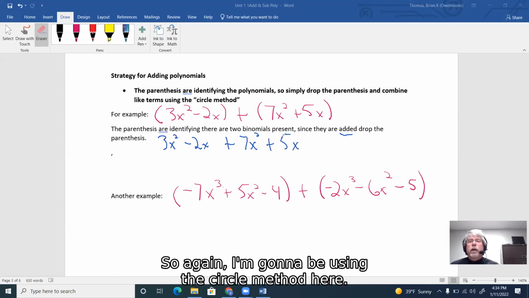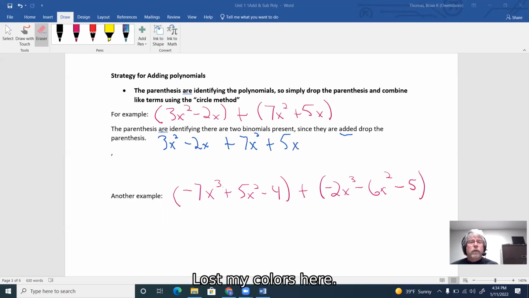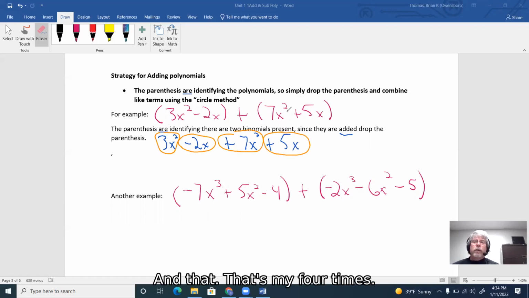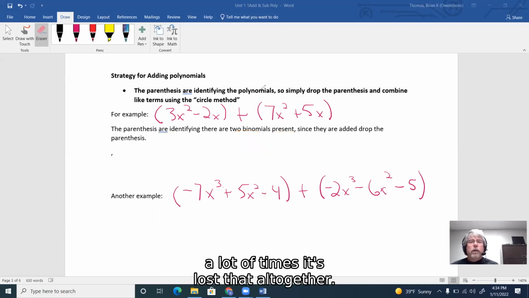So again, I'm going to be using the circle method here. Lost my colors here, so we'll go ahead and circle that in orange, that, and that. That's my four terms, but I'm going to back up here. Since there's so many terms, a lot of times, oops, lost that altogether.